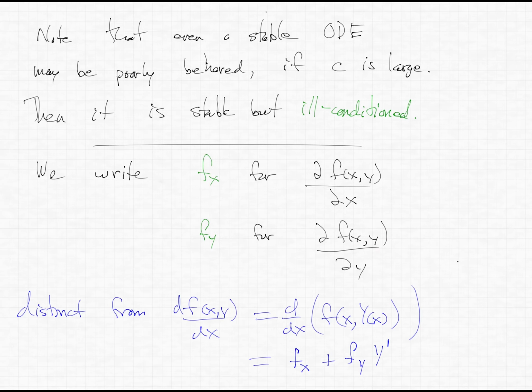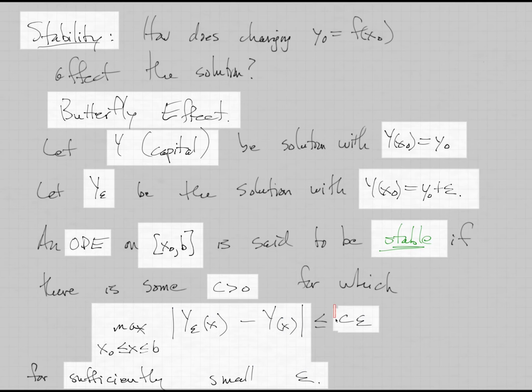Now, even if an ODE is stable, it could still be poorly behaved if the value c is large, right? If this constant c is very large, then that still leaves open the possibility that there could be big differences in y values resulting from even just a small difference in the initial y value at x0. Epsilon is the initial change in the y value.